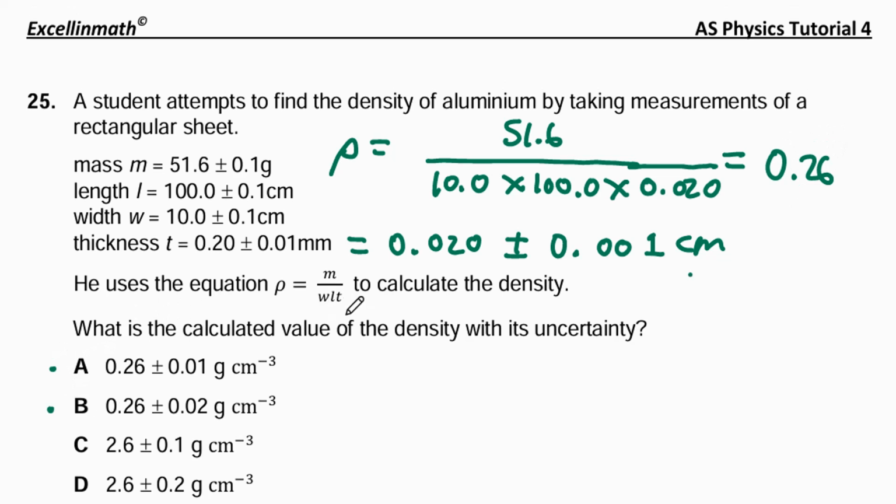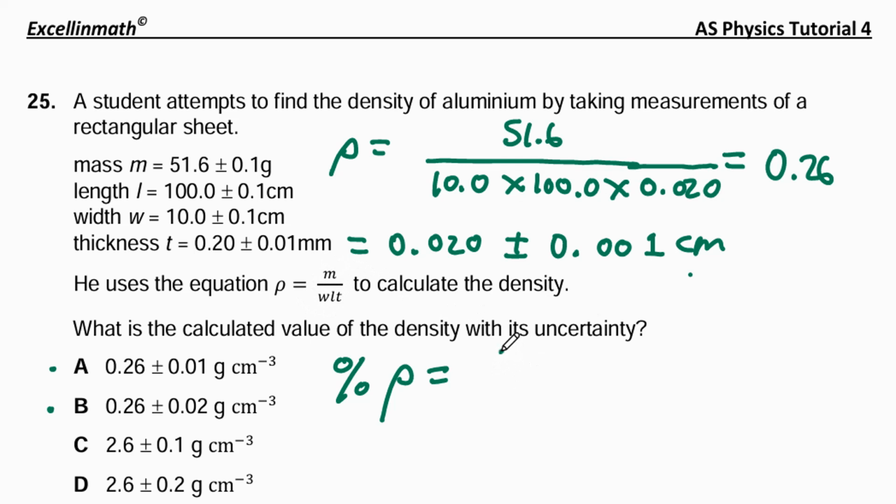Now we can find the absolute uncertainty of the density. But before we can find the absolute uncertainty of the density, we first need to find the percentage uncertainty. So the percentage uncertainty in rho. Now remember that when we divide or multiply quantities, we add their percentage uncertainties.